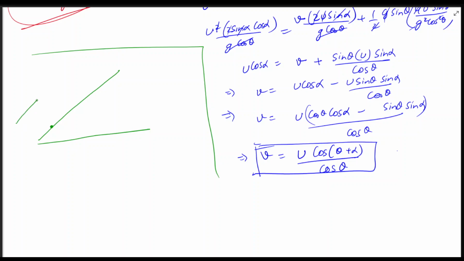Look, from here we have thrown it at an angle alpha, and this was the particle's velocity v, right? So here the component will be u sin alpha, and here the particle's velocity will be u cos alpha. Perfect. Now look, the acceleration in this direction for the particle will be g cos theta, because this is theta, and here it will be g sin theta, right?